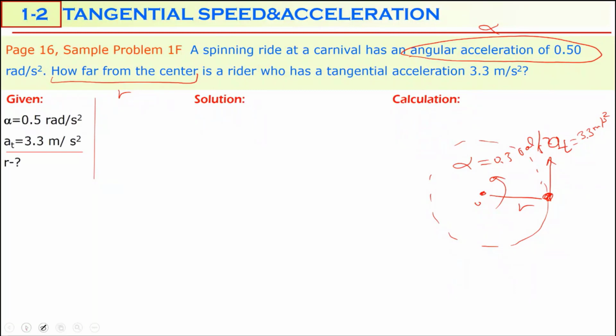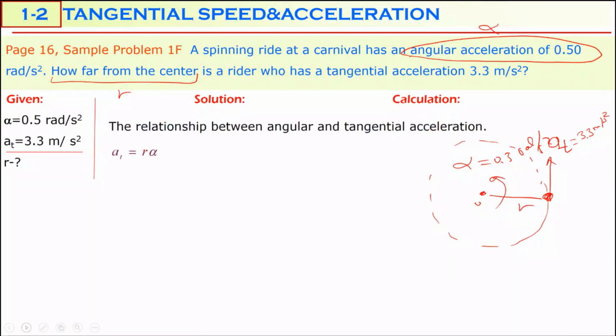AT is given. Calculate R. We know that AT is equal to R times alpha. Because R is asked, you should leave R alone. How? By dividing both sides by alpha. So this alpha and this alpha will simplify.